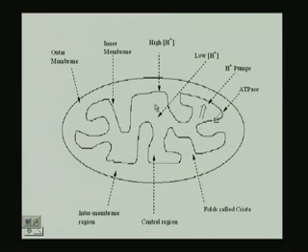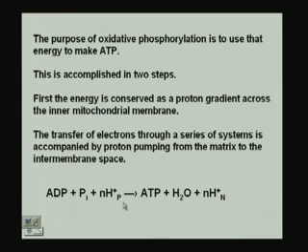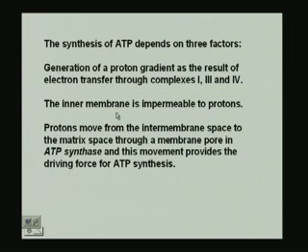The matrix is the N side and the intermembrane space is referred to as the P side, where the matrix N side is where ATP is going to be produced.